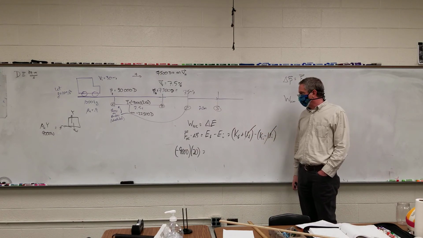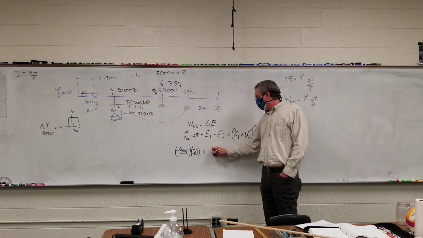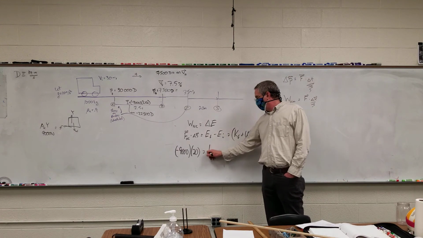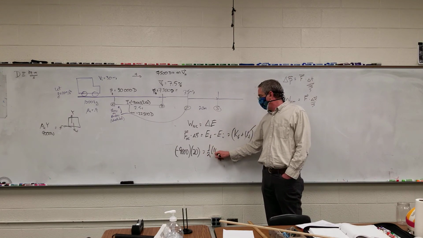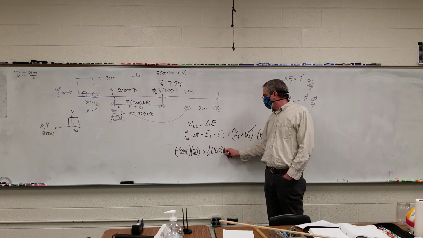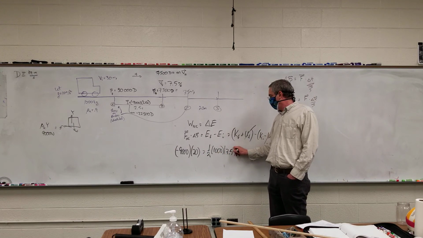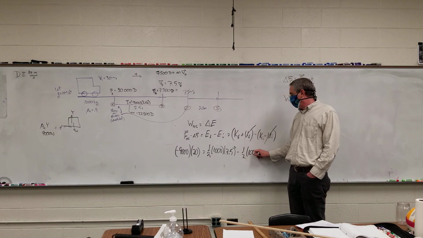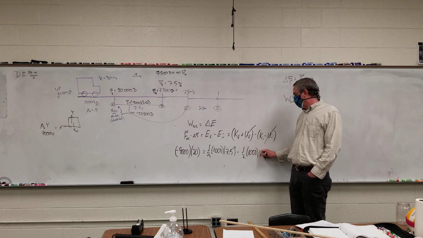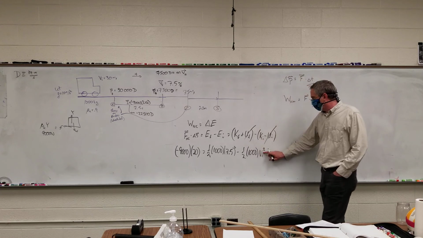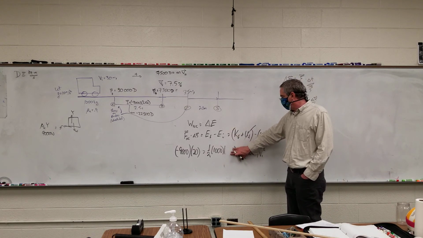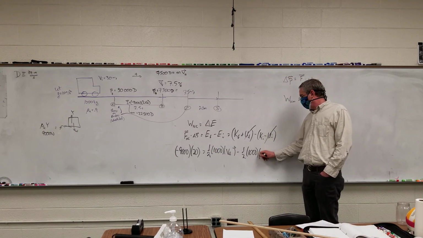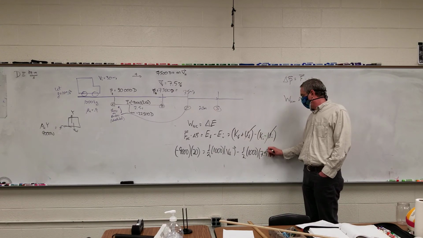Those are going to go away. So we have K final minus K initial. So 1/2 times the mass times the final speed squared minus 1/2 times the mass times the initial speed squared, or sorry, did that backwards. And this is 7.5 squared.